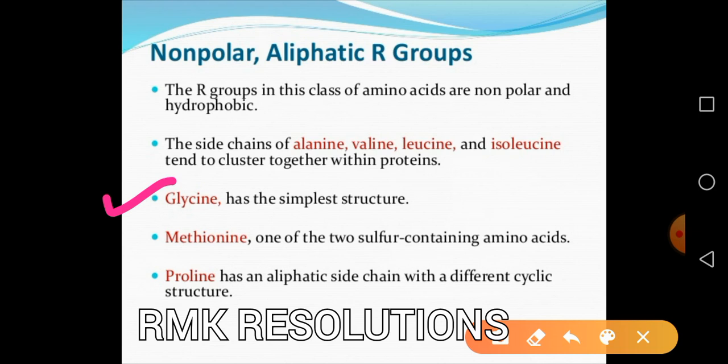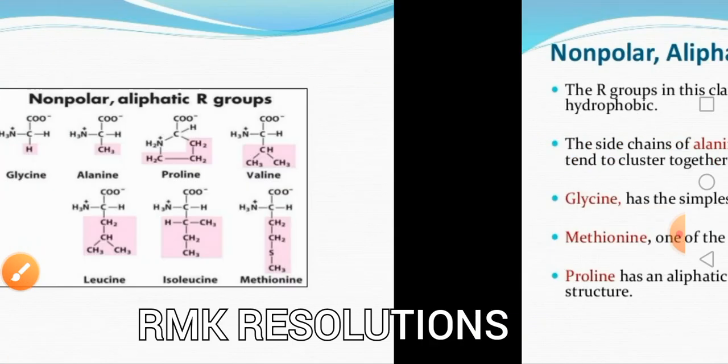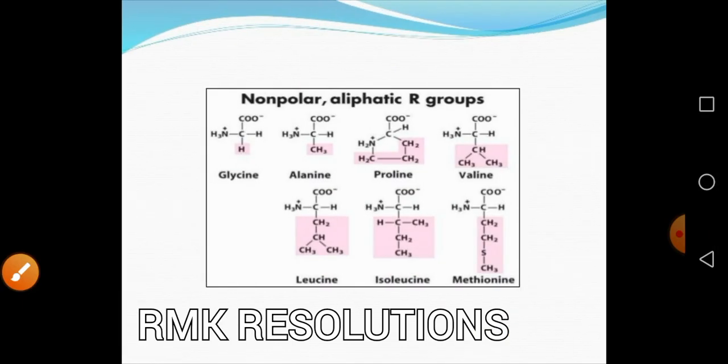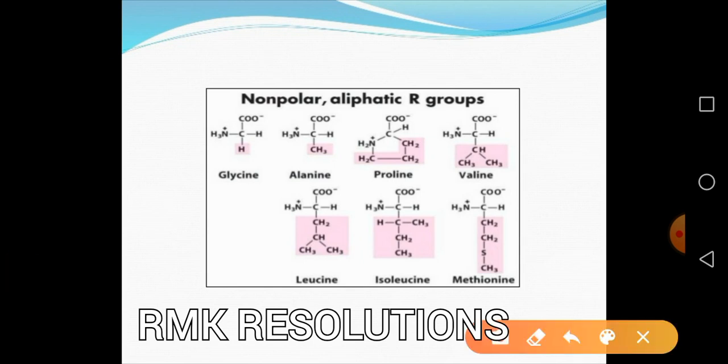Methionine is there, which has sulfur. Methionine is a sulfur containing amino acid, and proline has an aliphatic side chain with a cyclic structure. See here, these are the non-polar aliphatic R group amino acids. You can see here glycine, which has a very simple structure.